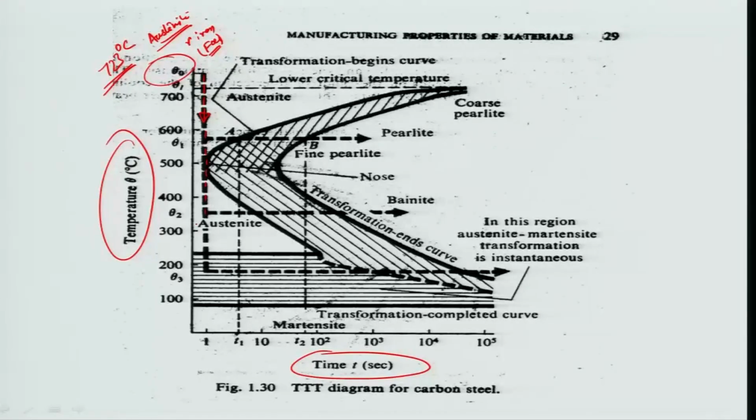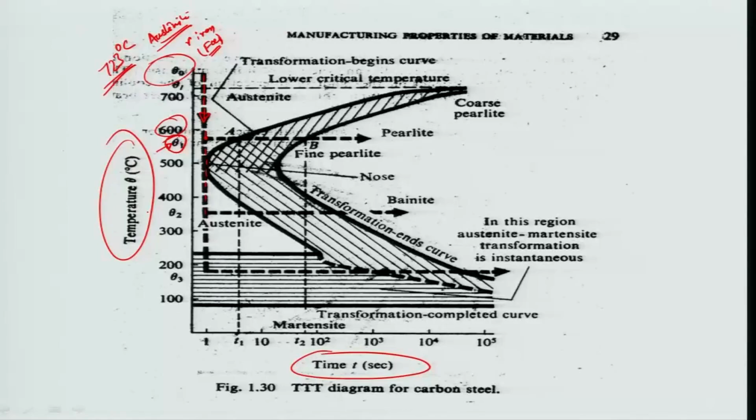So, when austenite is brought from theta 0 to a temperature theta 1 at an extremely high cooling rate, which can be considered almost equal to 0 time because the rate is very high, you are changing from 723 to theta 1, which is just below 600 degrees Celsius. At this point we are leaving it, and then allowing the transformation process to take place.